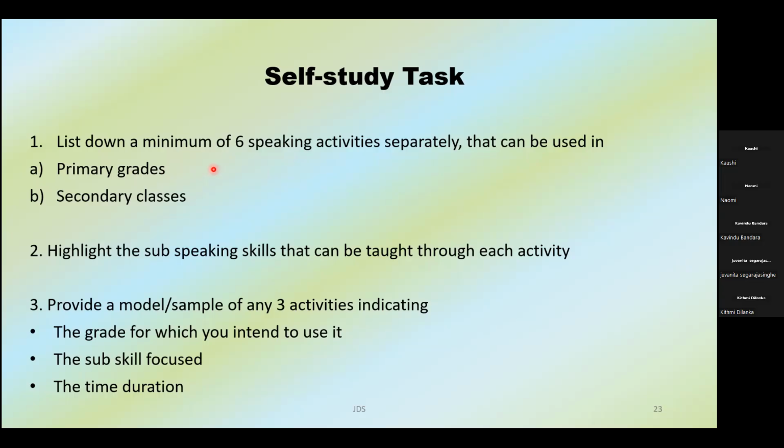You can't use debates, discussions and things in the primary grade. So just tell me some simple speaking activities like giving instructions or responding to instructions. What can be another activity that you can do with primary children?